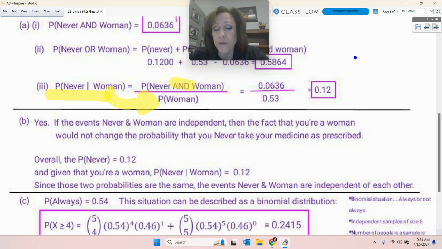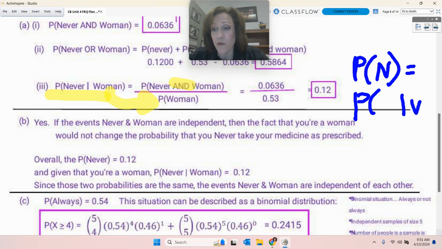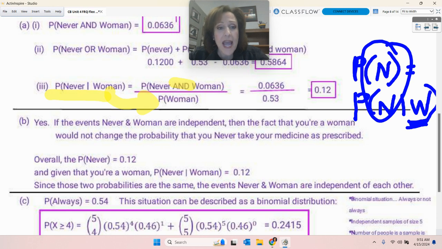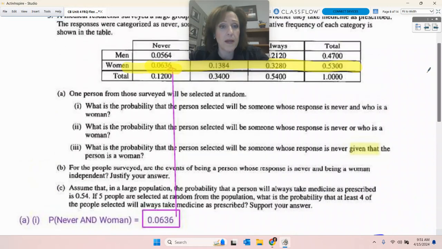So that would mean if we saw the probability of never overall, and we would compare that to given that you are a woman, does that change the probability of never? You choosing never. So we would want to see, is the fact that you are given that you're a woman, does that change the probability of you being never? And those numbers actually come straight from up here. Overall, the probability of choosing never is 12%. We can see that right here from the chart up above.